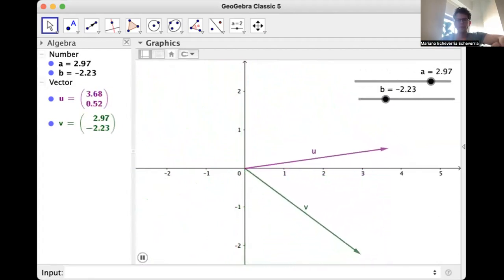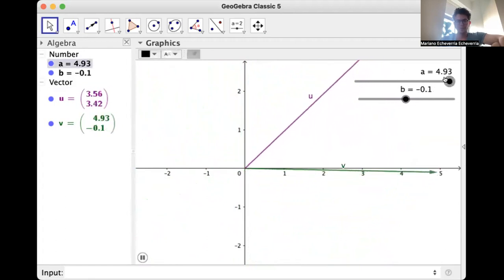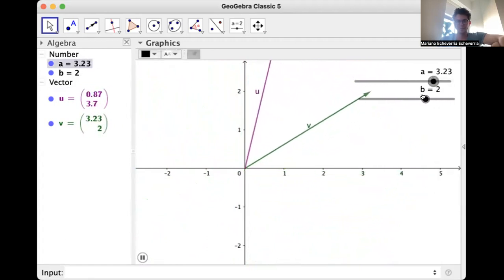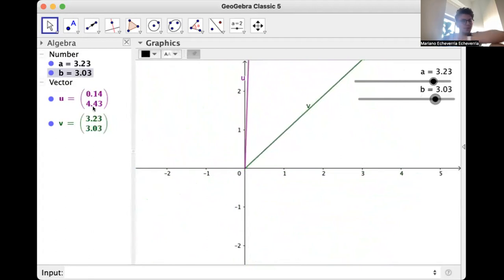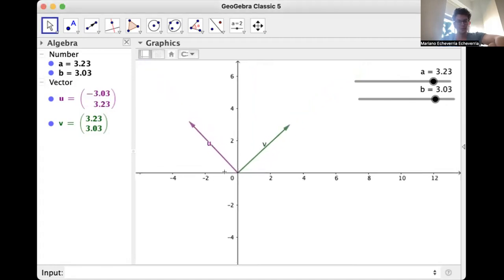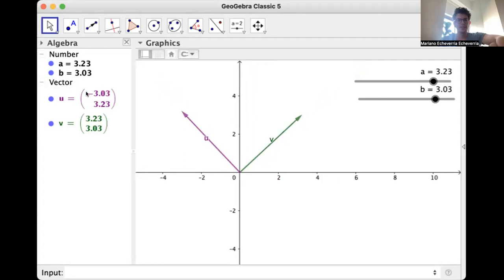And then for the one that we had done originally, let me stop this animation because it's kind of annoying now. The one we had done originally was the 90-degree angle, where the first entry had to be negative y. So negative y would be negative b, and the second entry would have to be x, which would be a. Okay, so now you see it's negative y, so it's minus the second entry of the previous vector, and the second entry of this one is the same as the first entry of the other.